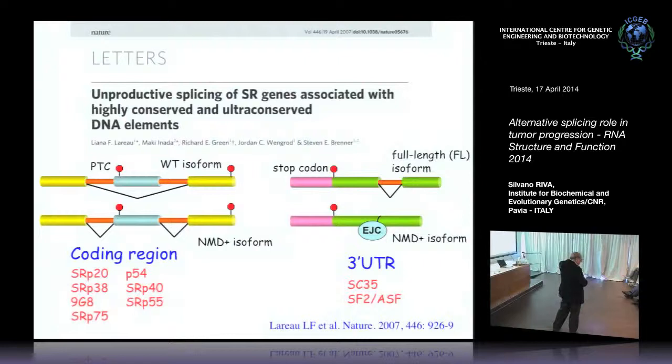SF2, the protein that controls the splicing of delta-RON, has a premature termination codon here in the 3' UTR that is produced by the splicing of this intron, and the splicing of the exon causes the binding of the exon junction complex, and by the mechanism that Lynne has so beautifully explained, you produce this form that is degraded.